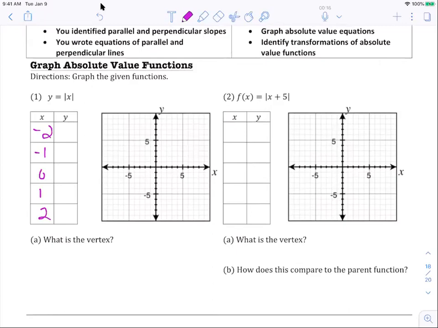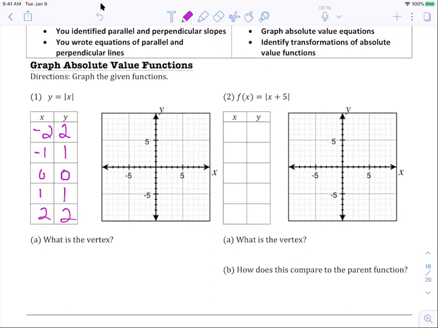All I do is take the number inside and make it positive. So 0 stays 0. -1 becomes 1. -2 becomes 2. 1 is 1. 2 is 2.